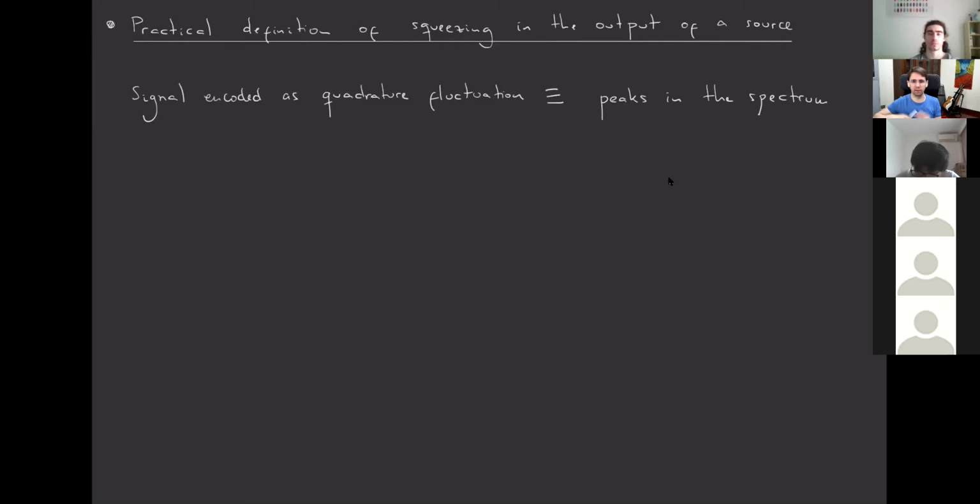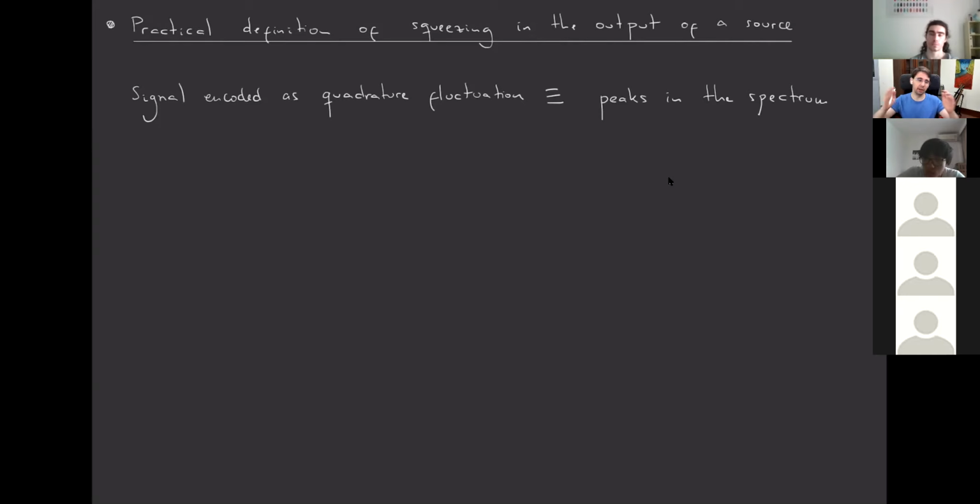Just imagine that you have a signal that is oscillating periodically, so it's modulating the quadratures periodically. This periodic modulation at a given frequency will show up when you do the Fourier transform as a peak. This is exactly what happens in LIGO, for example, for measuring gravitational waves, so it's good to keep this example in mind.